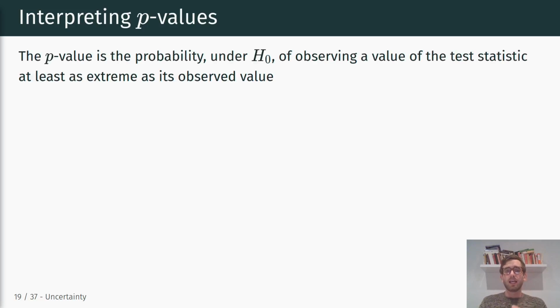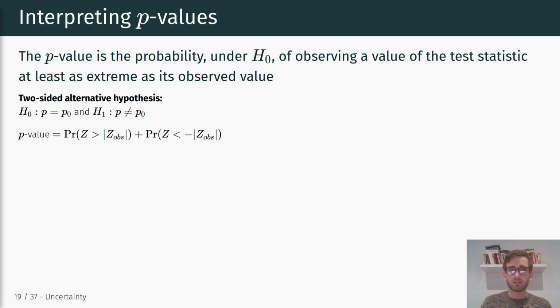Okay, and this is again related to the interpretation of the confidence intervals that we have now talked about for quite a bit, right? The p-value is the probability, assuming that the null hypothesis is true, of observing a value of the test statistic at least as extreme as its observed value.